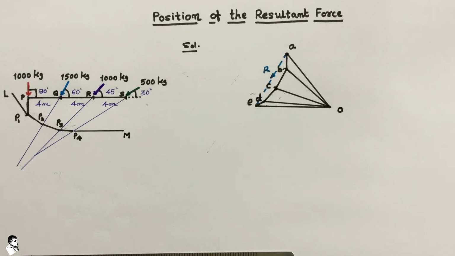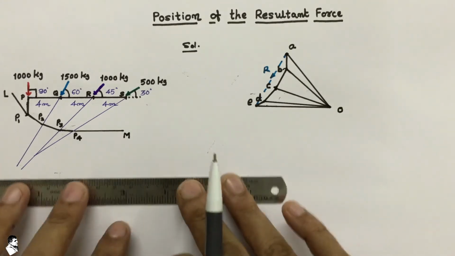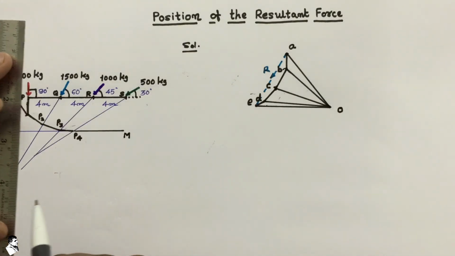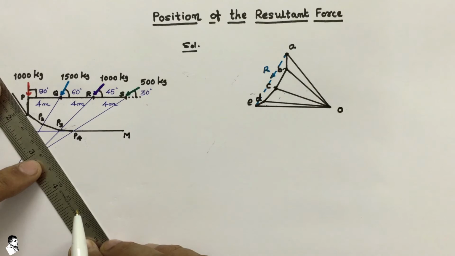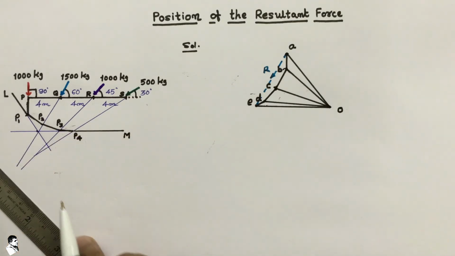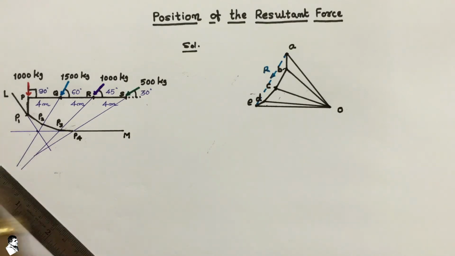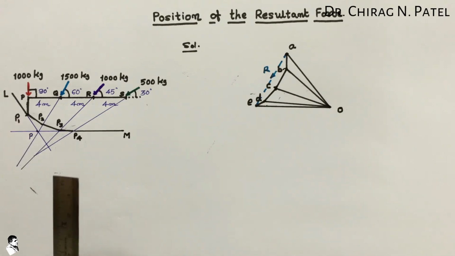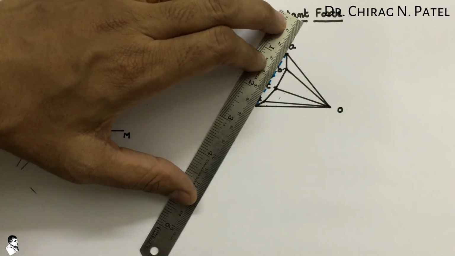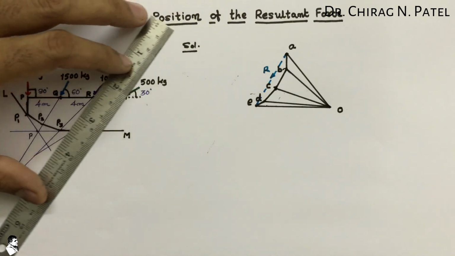The line P4M is extended in this particular direction, and the first line LP1 in its direction. They meet here, and that point we write down as our point P. After that we connect the first and last lines, and draw a line parallel to the given direction of the resultant force.